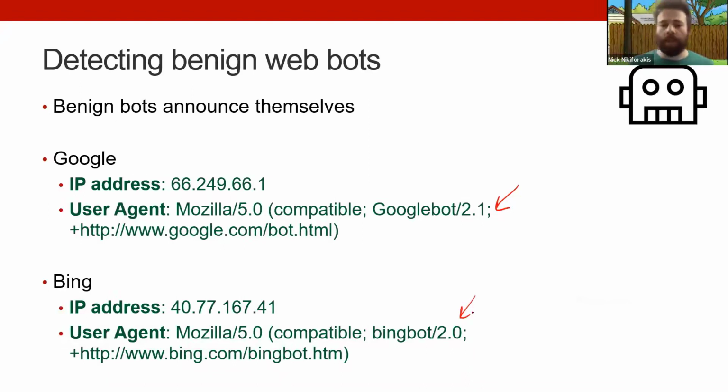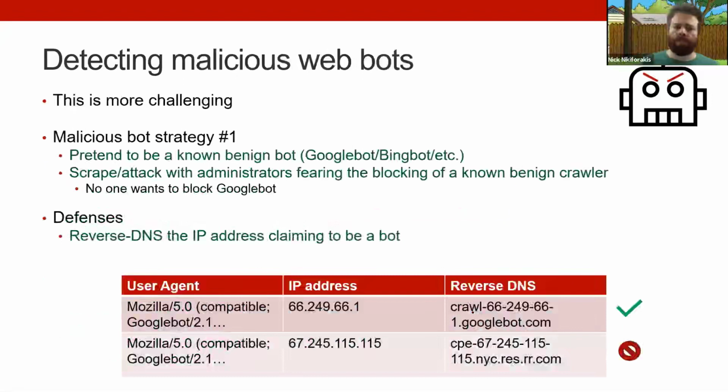So an attacker can quite equally claim to be a Google bot or a Bing bot or a Facebook bot, right? So that in itself is not enough for us to distinguish between benign and malicious bots. However, large companies announce the subnets from which their crawlers operate.